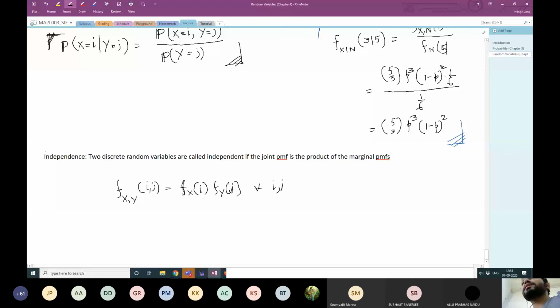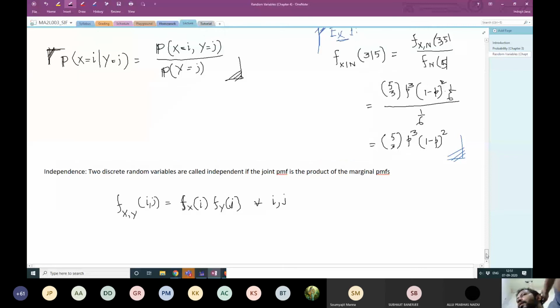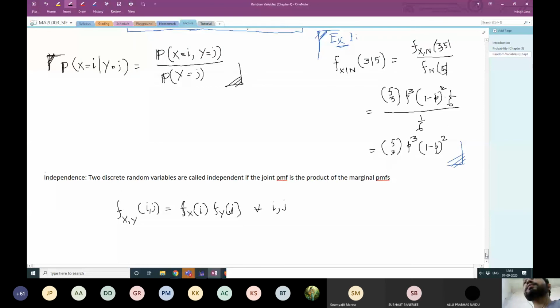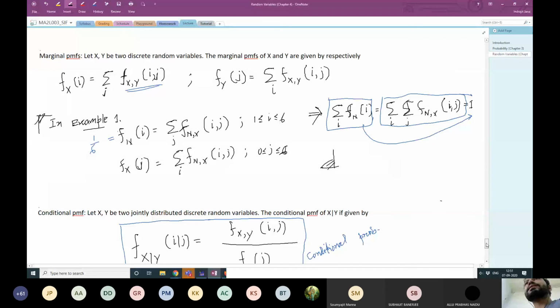Then we call those two random variables independent. But if it is not the same for all i and j, those random variables are not independent. It is again the same independence idea from the previous lectures, that the probability of A and B equals the probability of A times the probability of B. The same logic here.